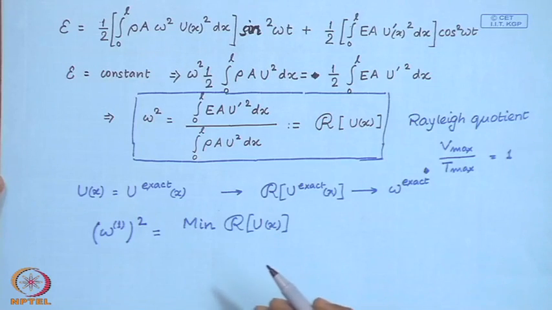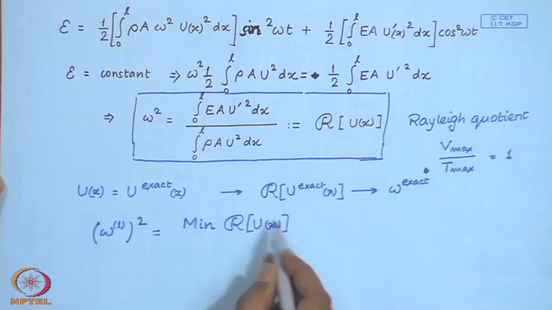Now, there is a restriction on how you can choose u of x in this minimization problem.